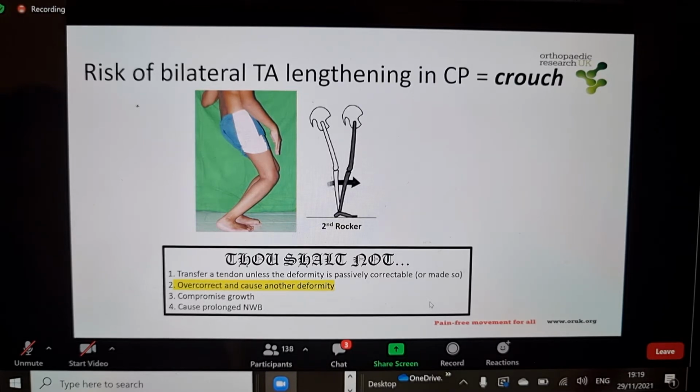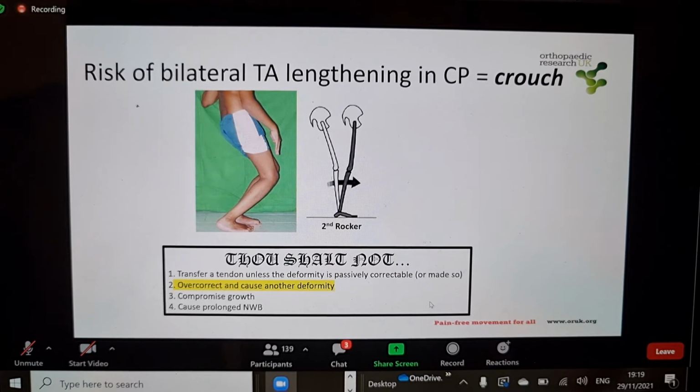Why? Because the Achilles tendon and the plantar flexor muscles, so-called, have an important job in concentric contraction, in powering you forward, but they have an even bigger role in eccentric contraction, in putting the brakes on the second rocker. As your body is flying forward, as your tibia is flying forward in the second rocker, it's largely momentum that is taking that forward, and your plantar flexors are the ones putting the brakes on.